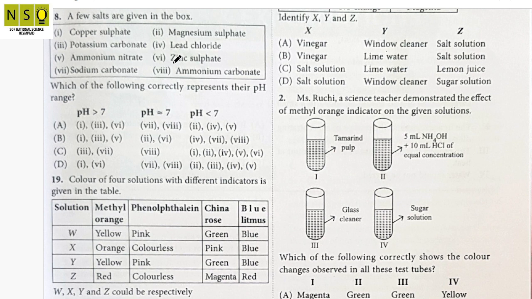Okay, so let's start. We all know that the salts of a strong acid and a weak base have pH less than 7.